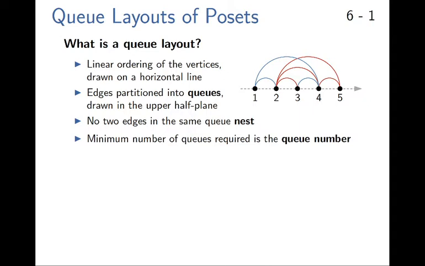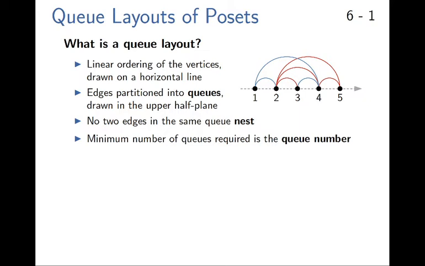And similar to a book embedding, there is a configuration that you forbid. So what you don't want is two edges nesting. Here in this example, the edge 1, 4 nests the edge 2, 3. If you have such a configuration, which like here in the example is unavoidable, you want to assign these edges to different queues.